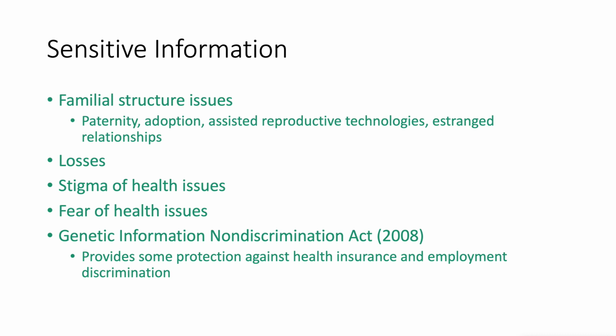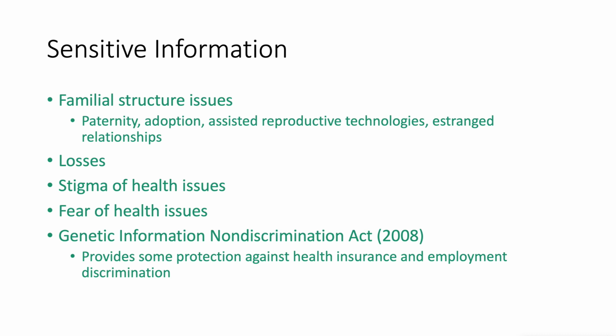And because of that, in 2008, there was a bill passed, a law created, the Genetic Information Non-Discrimination Act, called GINA. It does provide some protection against health insurance and employment discrimination because people carry potential factors for future disease in their genome that has not yet been expressed.